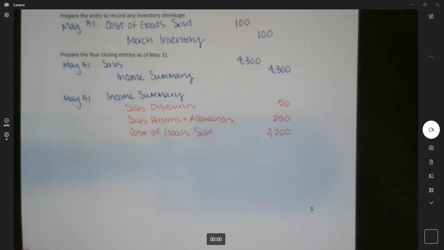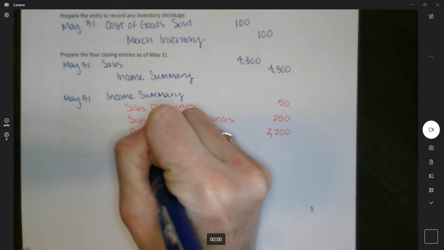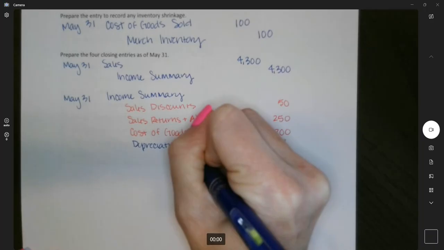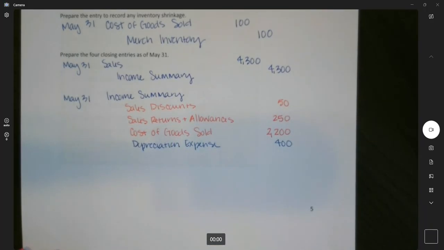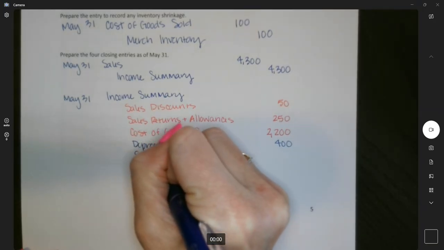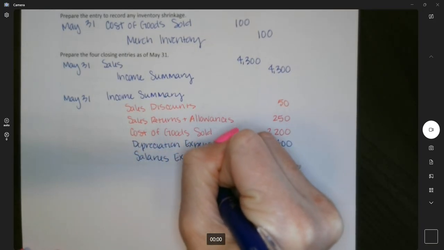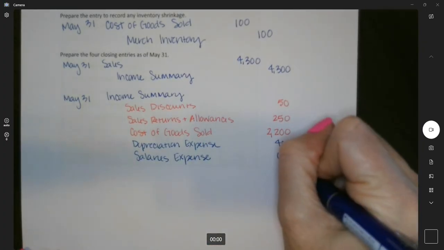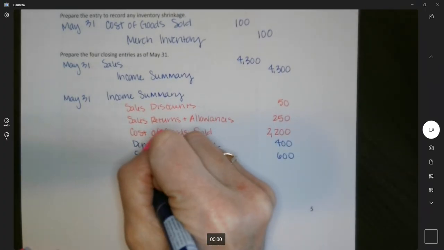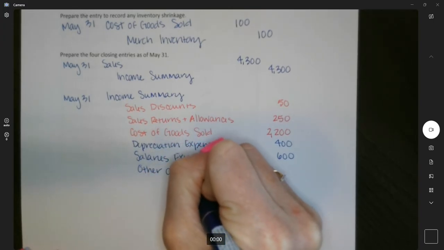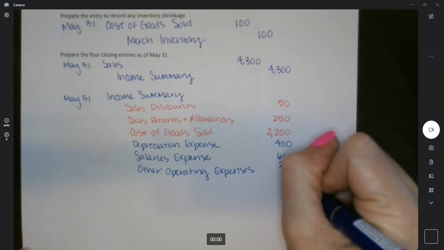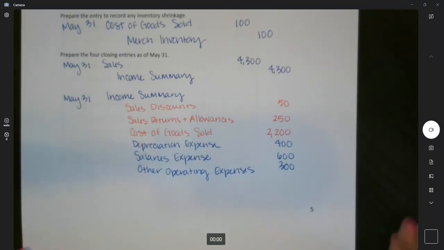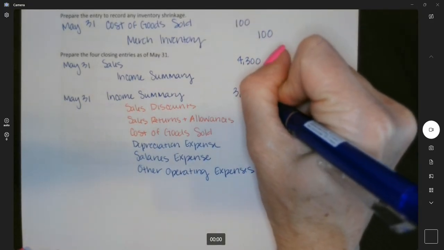And the remaining ones are all expenses that you were used to seeing. So I will do depreciation expense, that one's $400. I have salaries expense, that one is $600. And I have other operating expenses, that one's $300. Totaling all these up, income summary will be debited $3,800.